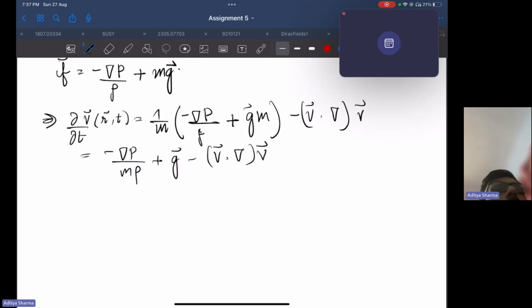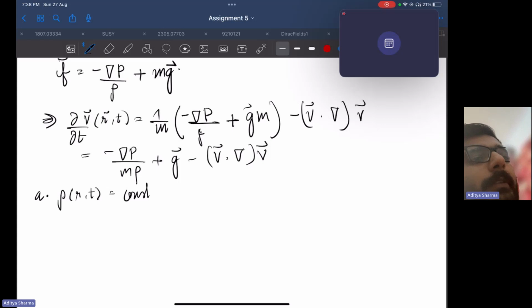Now, what I'm going to do is I'm going to solve the problem, assuming A, that the fluid is incompressible, that is, density is constant of time and space, and it is irrotational, that is, the curl of V is zero.